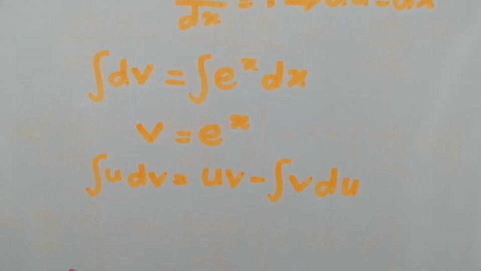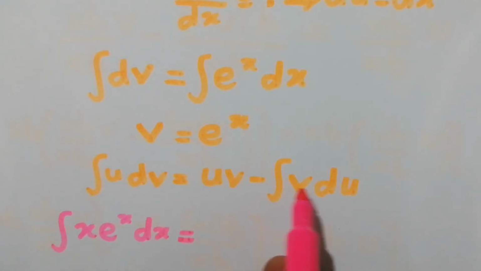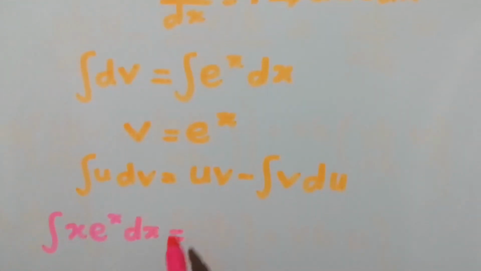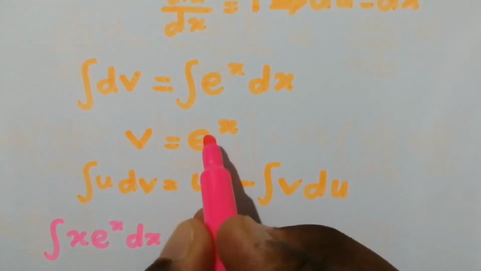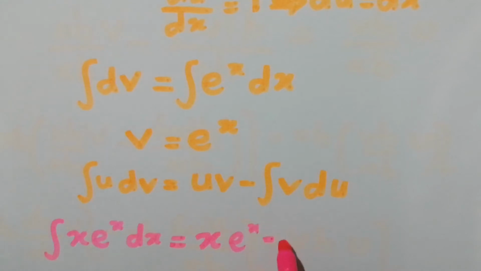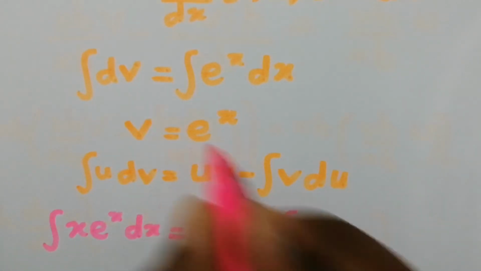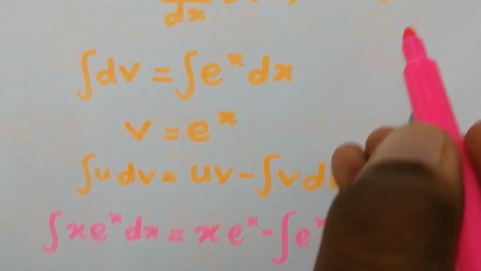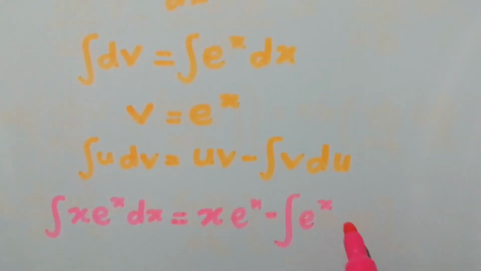Then I can write integral x e^x dx equals uv minus integral v du. Here u is x, v is equal to e^x, minus integral, v is equal to e^x, du will be equal to dx.